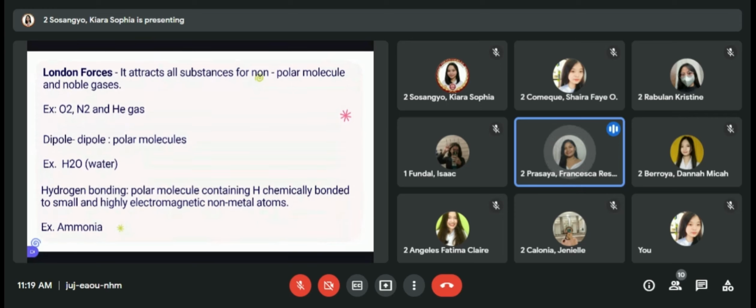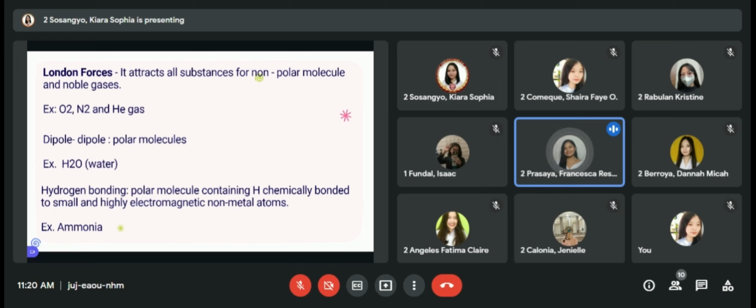Ang nangyayari dito, for example, meron kang dalawang atoms and may protons and neutrons sa gitna ng atom, and then may electrons na nakakalat around it. Electrons move. Sometimes one side is positive while the other side contains negative electrons. Now the positive side attracts the negative side. It makes the London forces. London forces is the weakest type of IMFA.